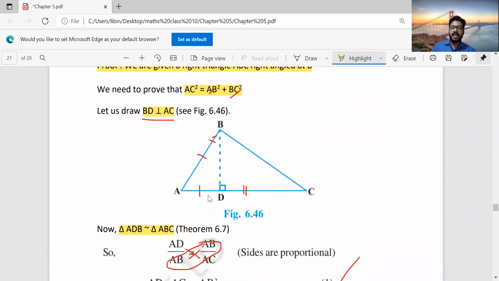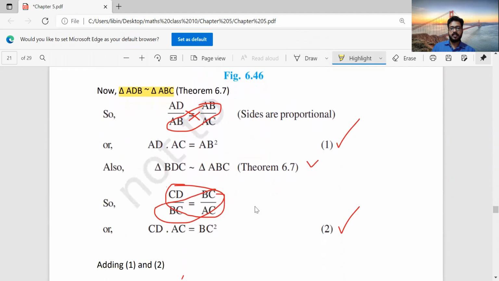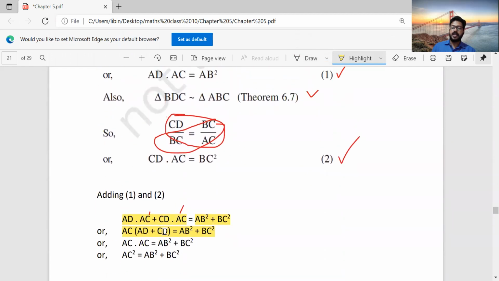And what is AD plus DC? It is actually AC itself, right? So instead of AD plus CD, we can write AC into AC is equal to AB squared plus BC squared. So AC squared is equal to AB squared plus BC squared. This is what we wanted to prove. This was the proof of our Pythagoras theorem.